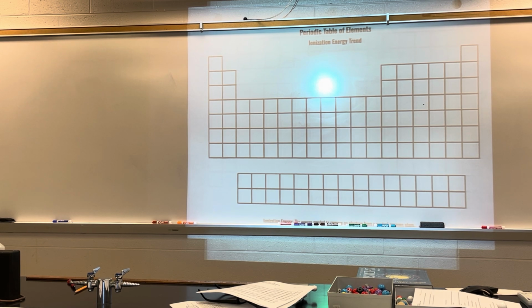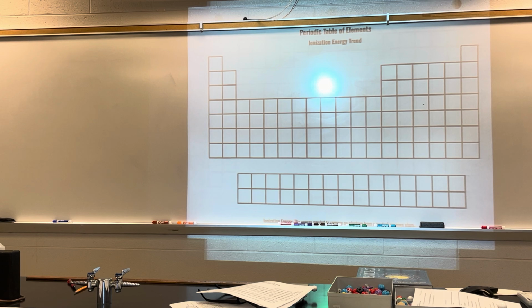The energy needed to remove an electron from a neutral gaseous atom. So in other words, how much does it take to remove an electron?